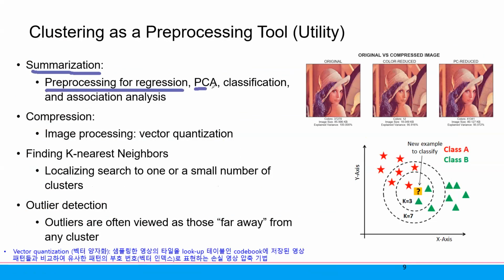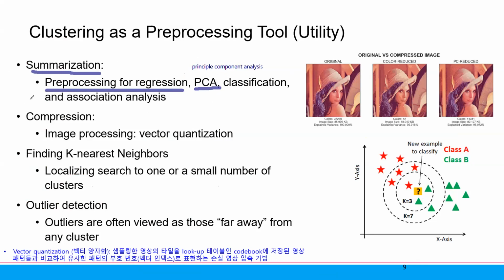Or after you do the pre-processing, you want to make PCA. You still remember PCA? PCA is principal component analysis. Or we can do, after we do PCA, classification and association analysis. So you already learned all those tools.